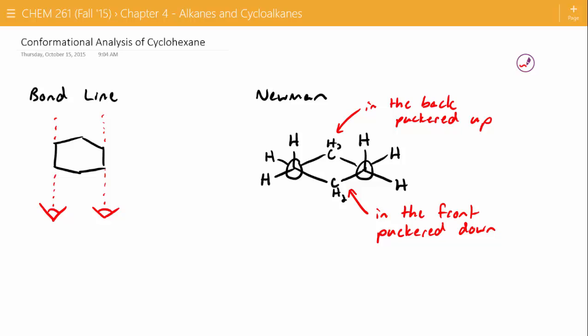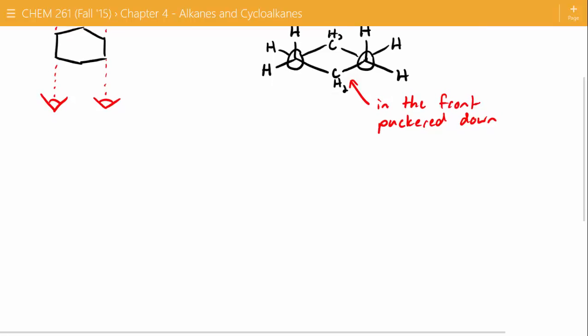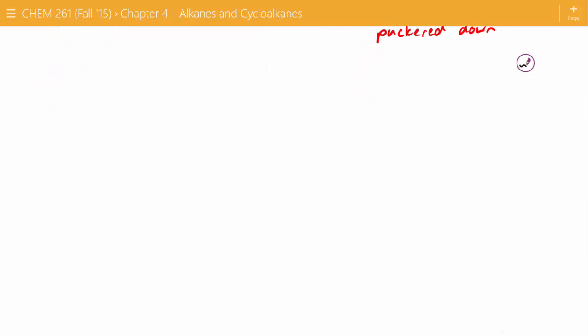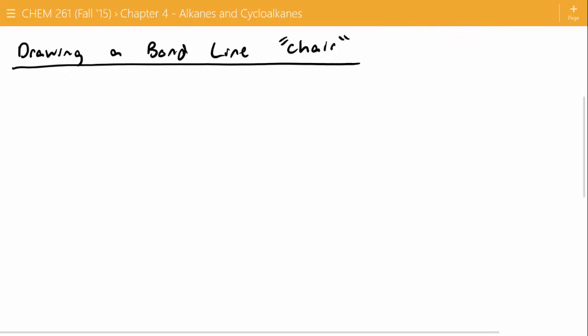So I'm going to show you guys a new drawing technique today. So I'm going to show you how to draw a bond line, and I call this a chair. Your book also refers to it as a chair. So the first thing you need to do when you're drawing a chair is to draw 2 parallel lines that are kind of diagonal and offset.